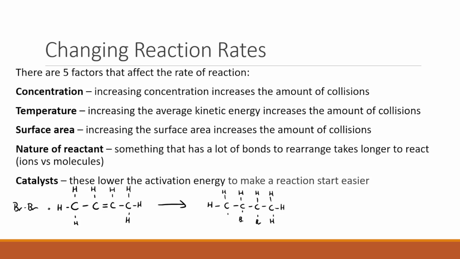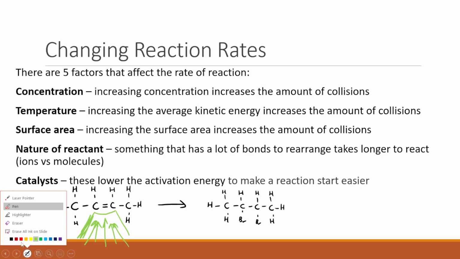If I want this to happen, the bromine needs to collide with a very specific part of this molecule, right? This is the good set of angles. Anything approaching this way is good. That will happen. But what about this angle? This is a bad angle.